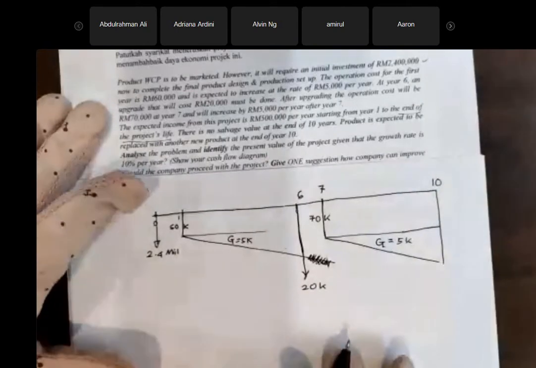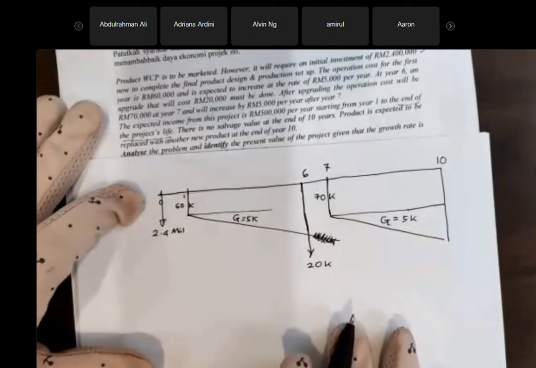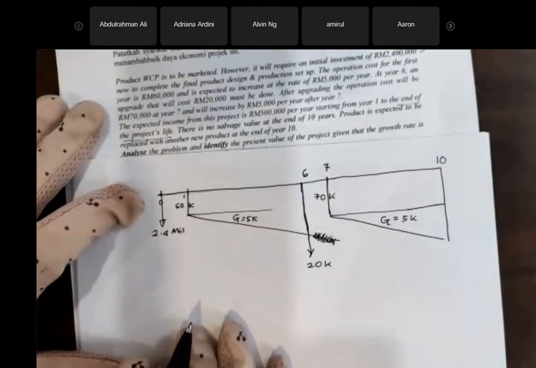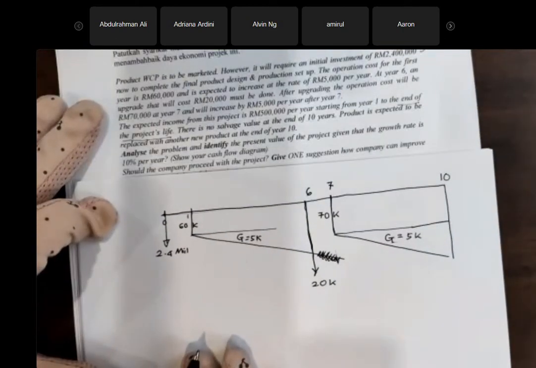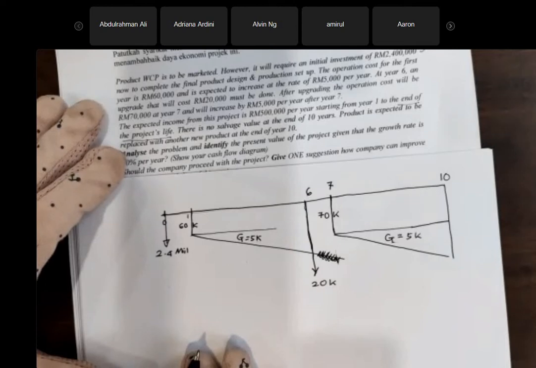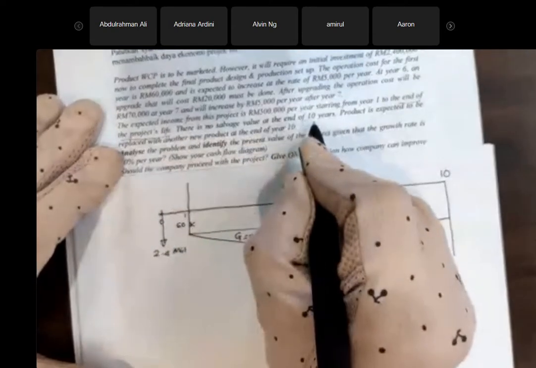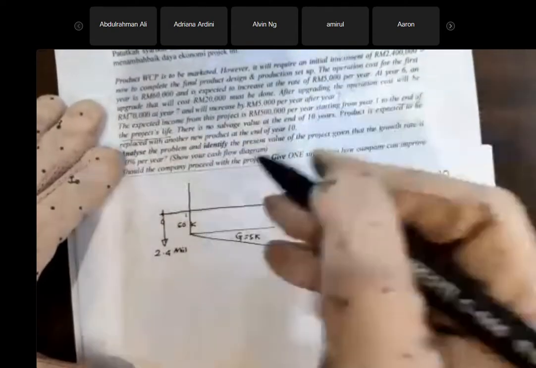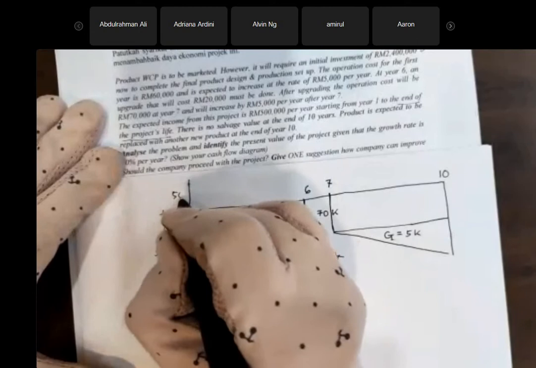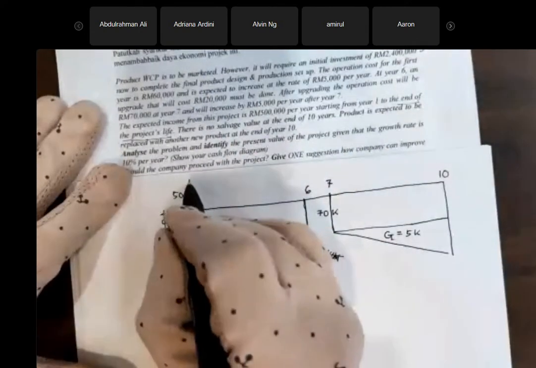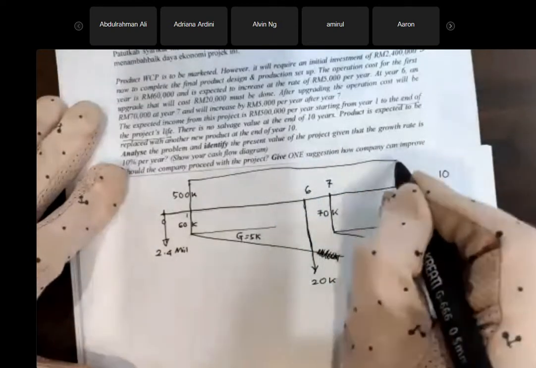Okay, now we have the cash flow diagram. There is no salvage. There is 500,000 per year starting from year 1 to the end of the project life.